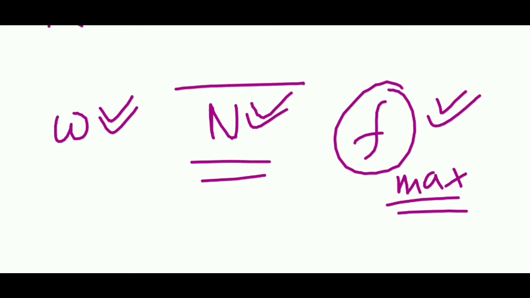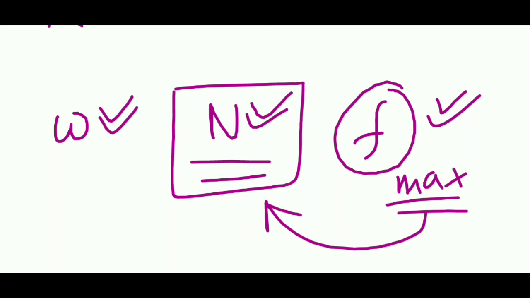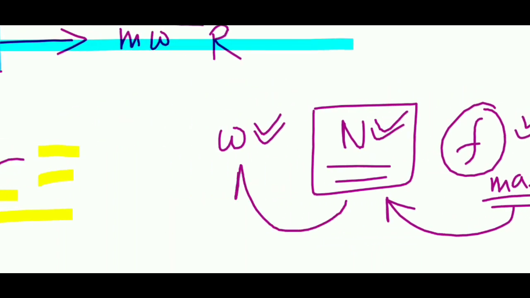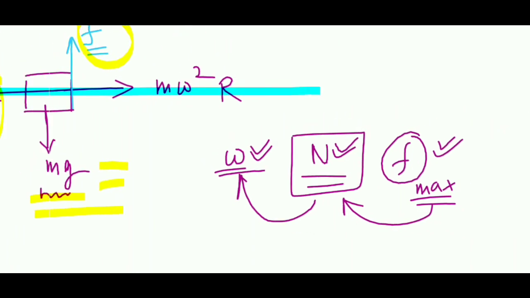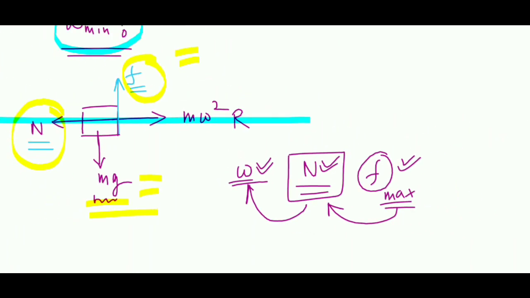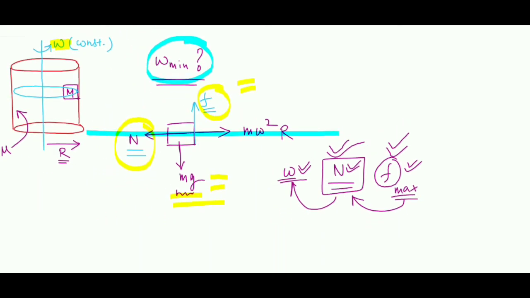So we are using maximum friction, mu into n. This is the last condition where the block will stay, so we are finding the extreme condition of n, and thereby the extreme condition of omega. If omega is greater than this, normal will be higher and the maximum friction will also be higher, so less friction will keep it safe.